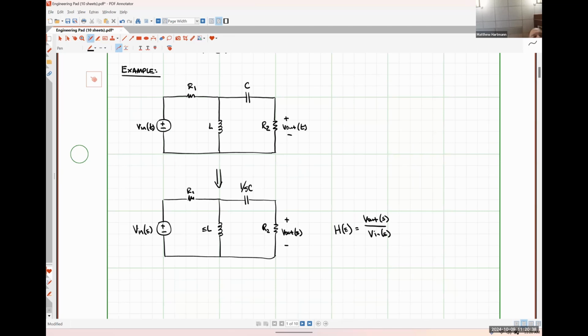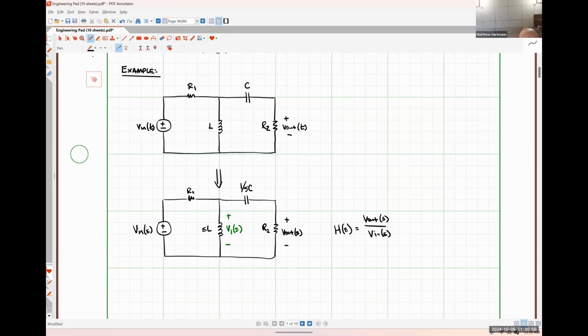So what I'm going to do is introduce an intermediate voltage, and I'm going to call that voltage V1 of s, like so. And I'm going to explain how I'm going to use this intermediate voltage V1 in order to figure out what my transfer function is.